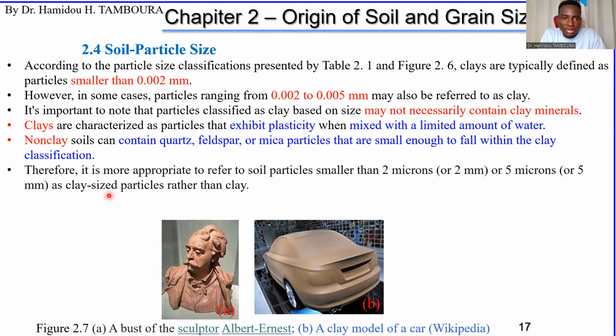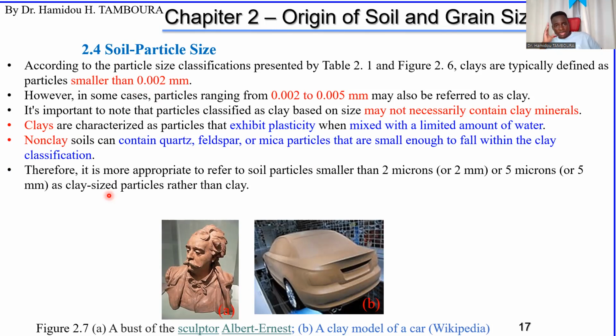So in that case, it is more appropriate to refer to the soil particles smaller than 2 micron, or 5 micron, as clay-sized particles rather than clay. So particles smaller than 2 micron, we should not normally say that they are clay.